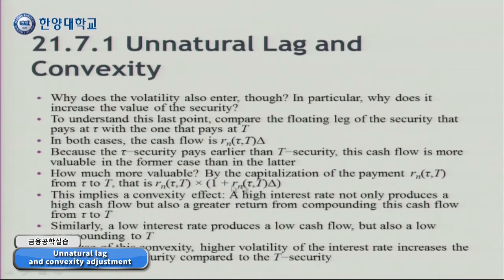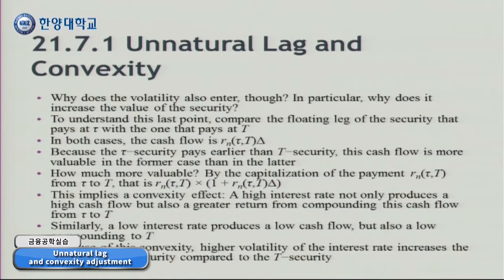So if we receive the money at tau, the value increases by exactly this amount. This implies a convexity effect because of the multiplication of this one. If the interest rate is high, it not only produces a high cash flow, but also a great return from compounding the cash flow from tau to T. The payoff is high, so the future value from tau to T is high.